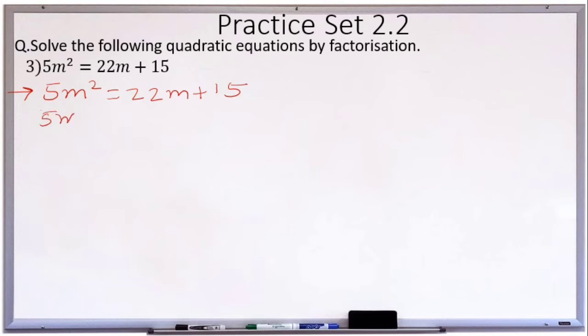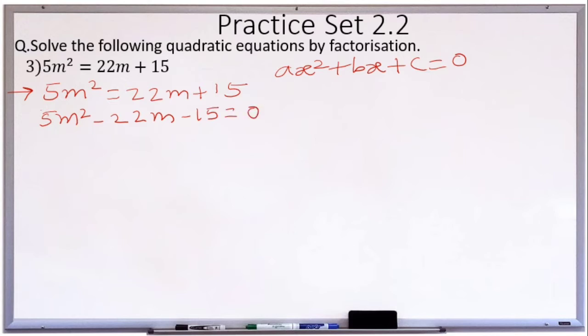Here I will write ax square plus bx plus c is equal to 0. Don't forget this. Then 5m square, now shifting this term to the left side of the equation, we get minus 22m minus 15 is equal to 0.